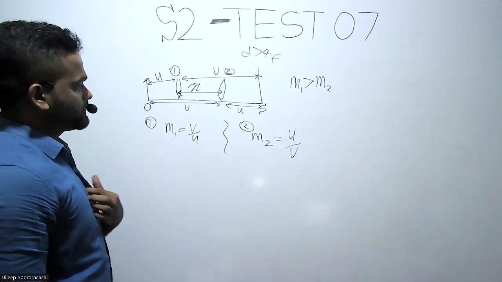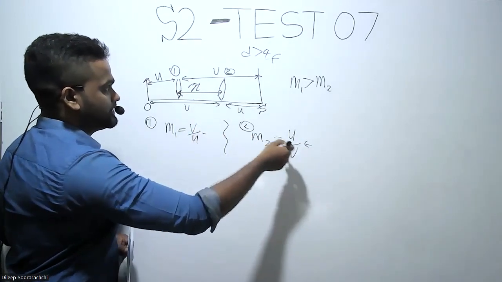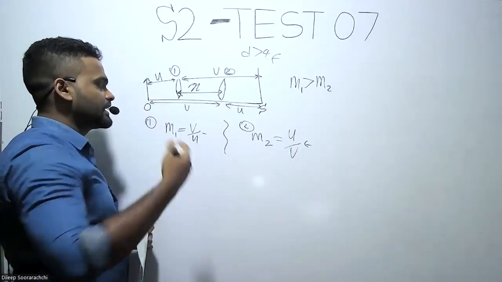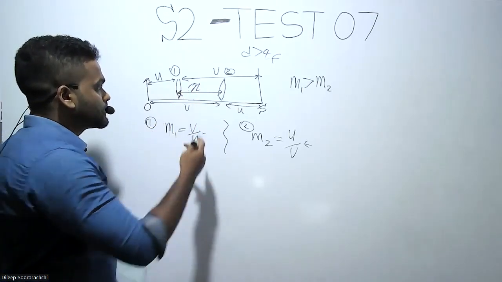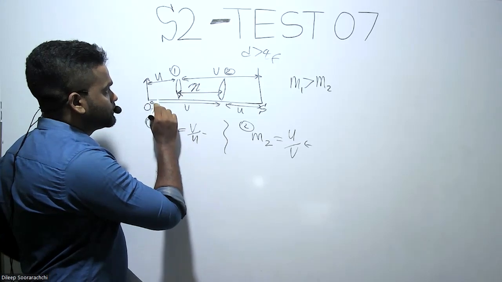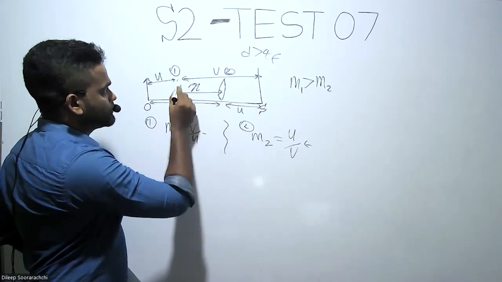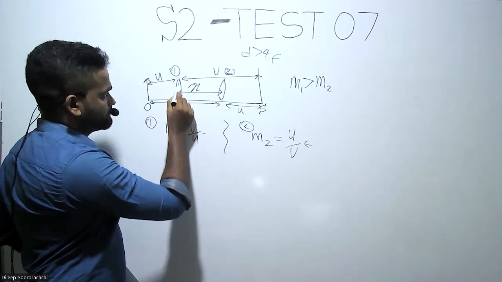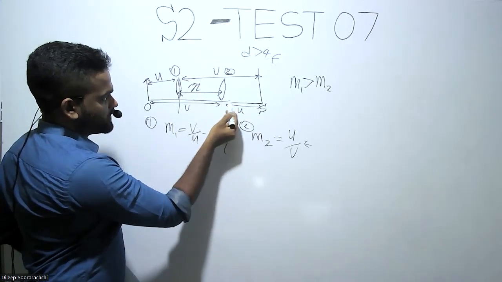Okay. So one equation, another equation. Then we can have another equation involving x, right? From here to here it is v. From here to here it is u. Subtract that from v.